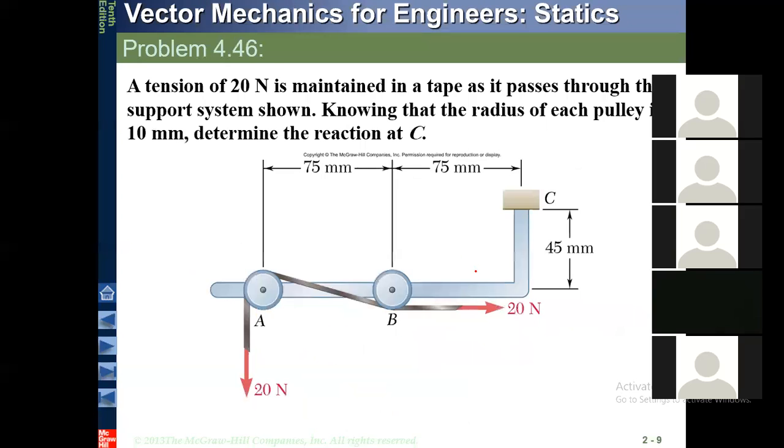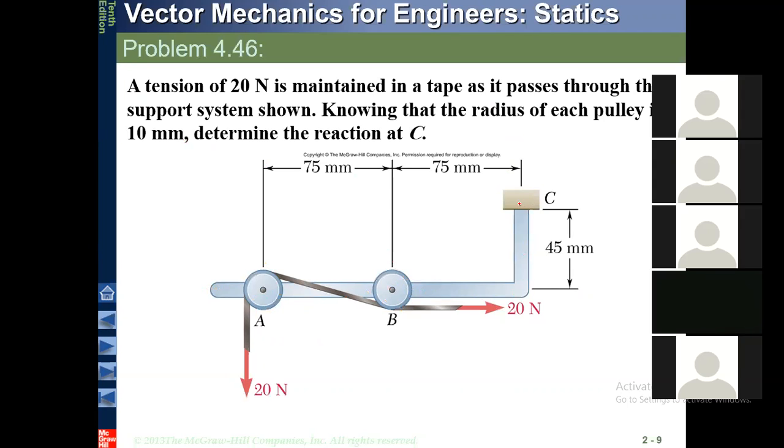Okay, let's go to the next problem. Here we have a tension around two pulleys, where the radius of each pulley is 10 millimeter, and you have a component that is attached to point C by a fixed support.